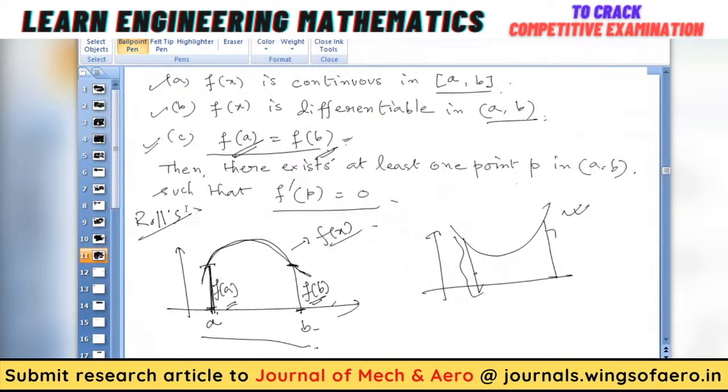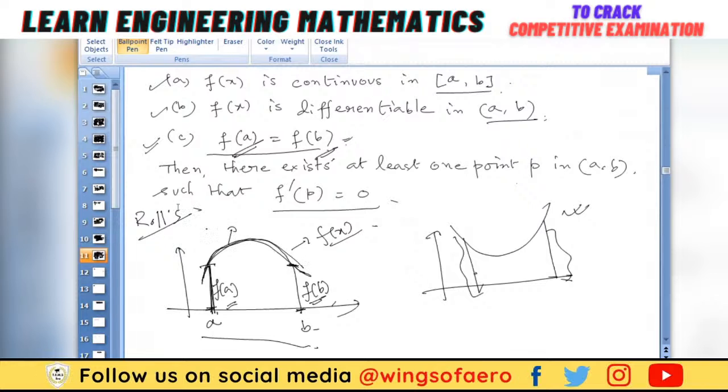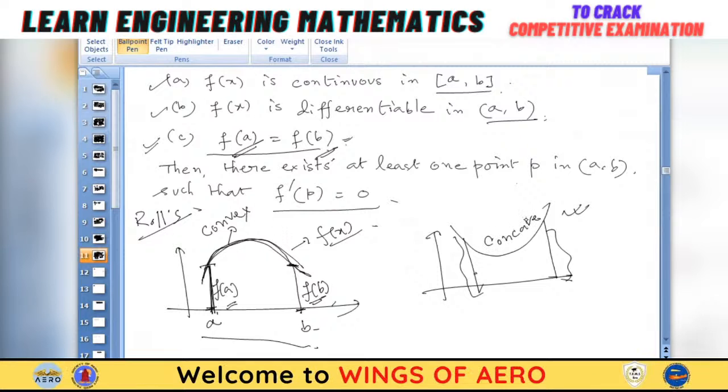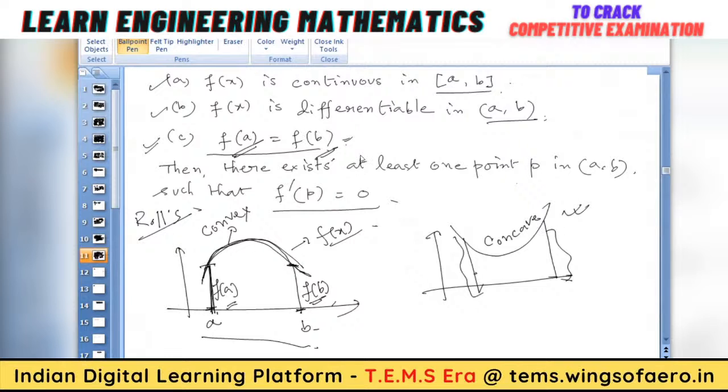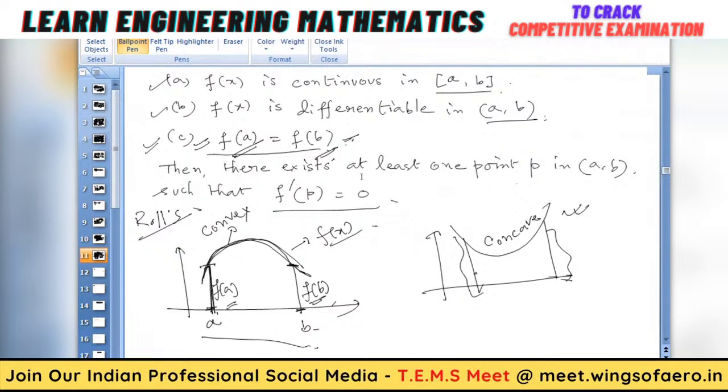This is called convex, and this is called concave. So if the function is either convex or concave style, then this condition f(a) equal to f(b) happens. Otherwise, no other function exists where f(a) equal to f(b) happens.